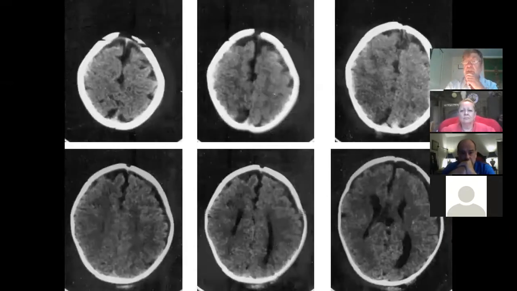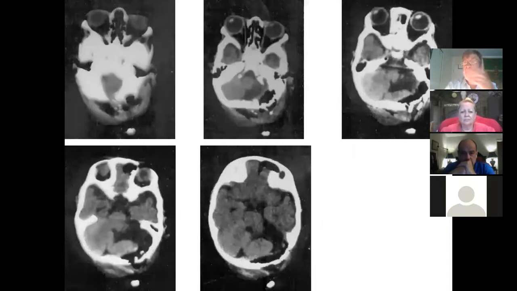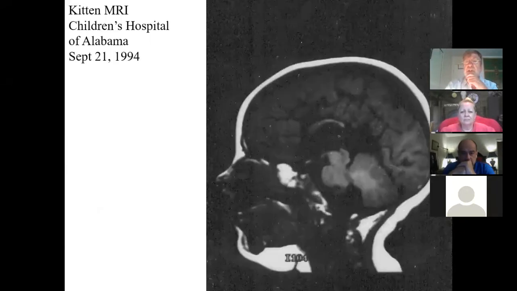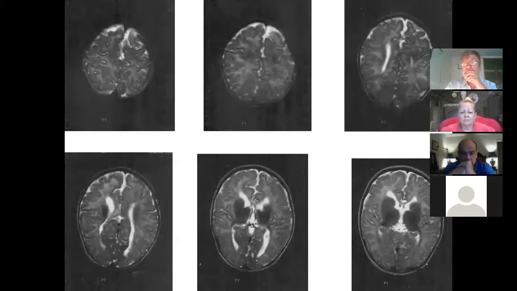Again, they show you the layers that they took. See how blurry that is? It gives you the idea. You can see gray and white. This is all CAT scanned. But when you're looking at MRI, look at this. See how much more detailed it is? You can see the differences between the gray and the white matter.